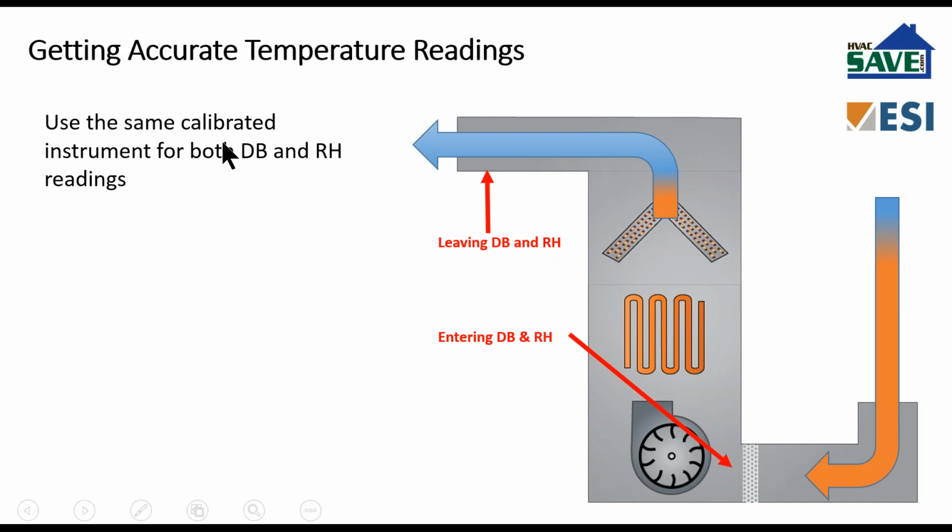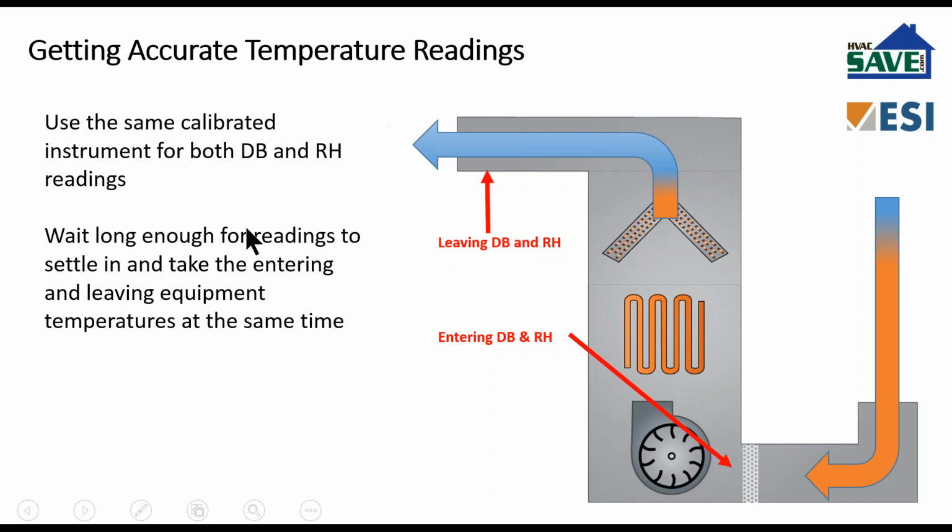Please use the same calibrated instrument for both dry bulb and relative humidity readings. Please wait long enough for those readings to settle in, and also take the entering temps and the leaving temps, the equipment temps if you will, at the same time.